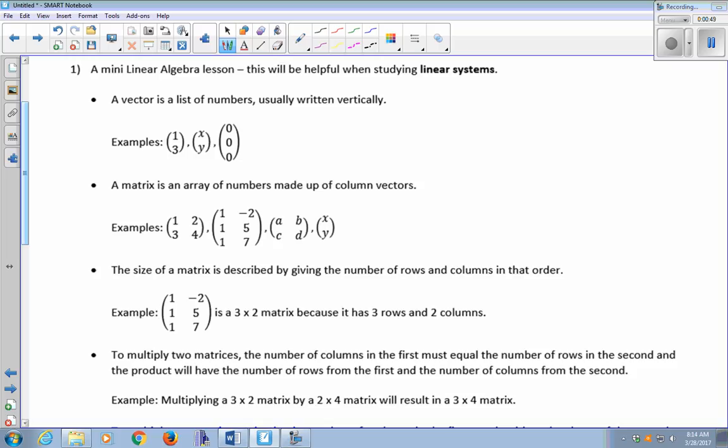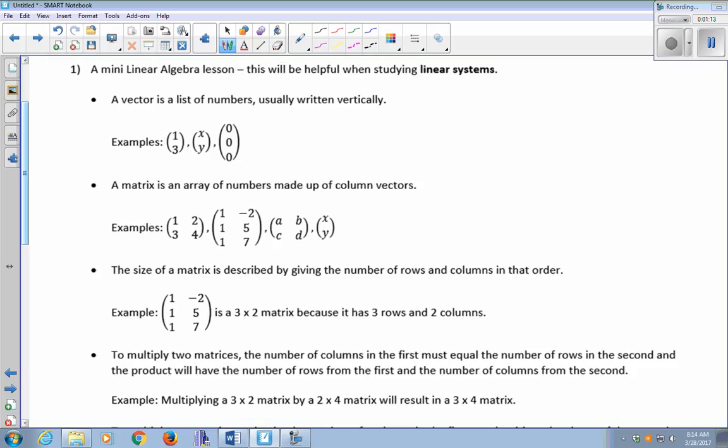Okay, so little mini linear algebra lesson. A vector is just a list of numbers or letters, usually written vertically, but sometimes they are written horizontally, like x comma y instead of x y vertically. And your book will often use that when they're giving answers in the back as a way to save space. So be aware that happens.